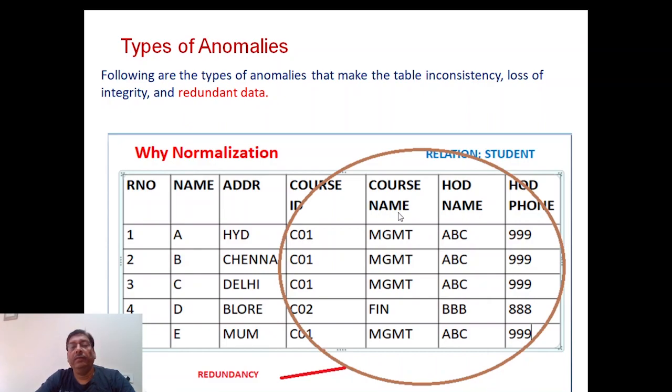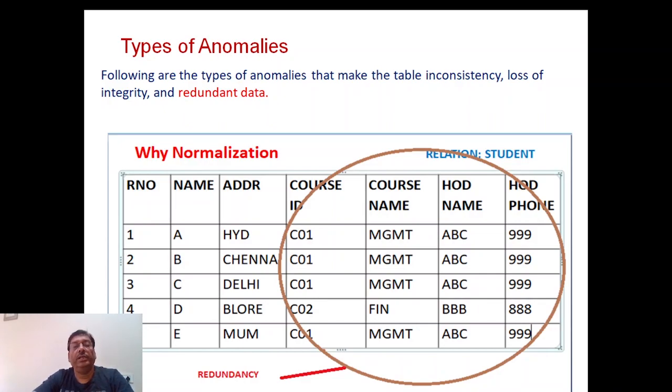So whenever I want to make the change, it is not that I will change at one particular place, but I have to change it in the first record, in the second record, in the third record, and in the fifth record. So multiple times I may need to do the changes. And because of that, there is every chance that you may lose some updation at a particular instance, and thereby your data is going to become inconsistent.